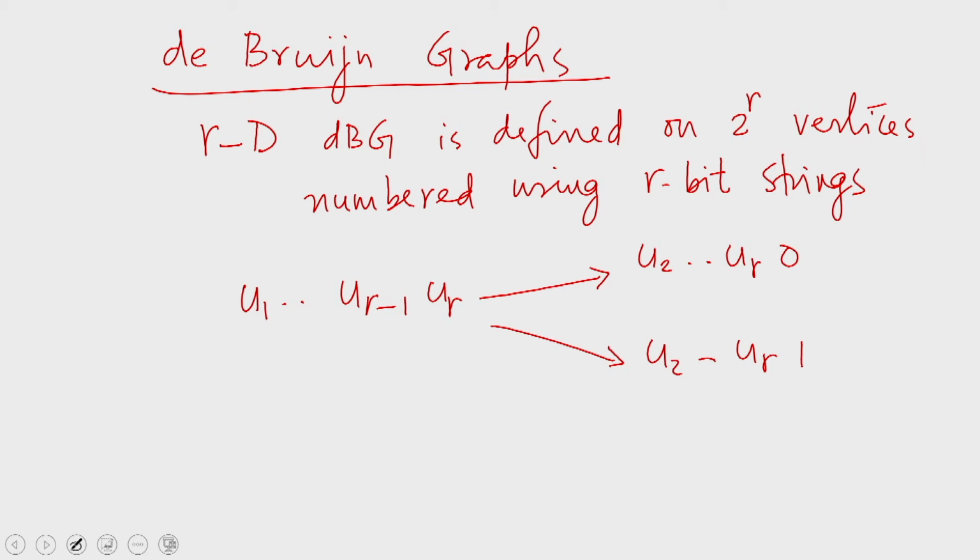In that case, u1 will come at the least significant position, we will have u2 through ur at the most significant positions, and then we get one neighbor, and then by exchanging the last bit, we will get the other neighbor. So, as we can see, the correspondence between shuffle exchange graphs is immediately evident.